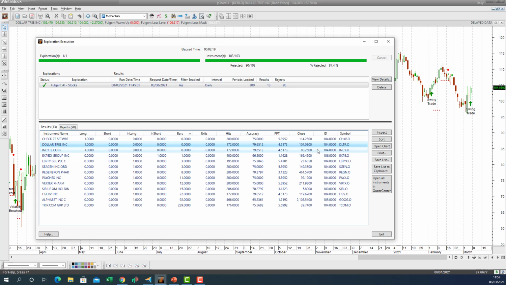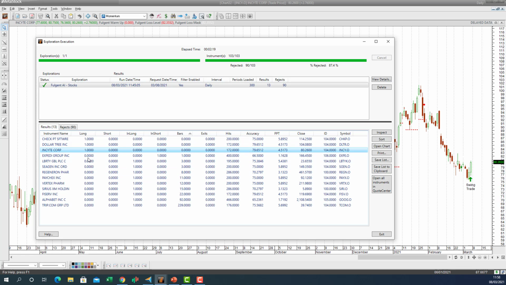That occurred 172 times in the testing period, 79% accuracy, 4.5% average profit per trade. That's per trade though. Insight Corp is 1 day into a trade, also a swing trade, so there should be some upside potential on these names looking at the classic swing trade.